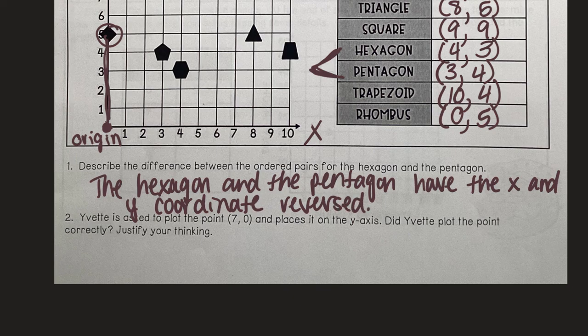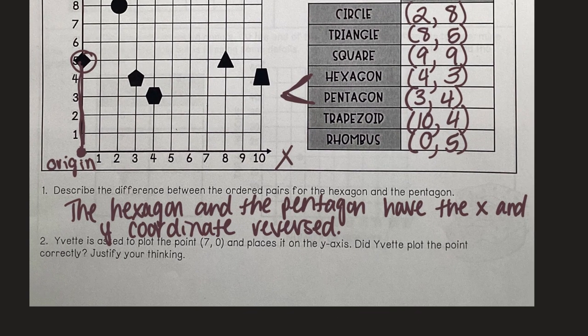And that would make their locations completely different on my coordinate plane. Okay, they're in totally different locations. Obviously, they're not right on top of each other if you look at the grid. So the values of my x and y being different for those 2 shapes matters quite a bit.